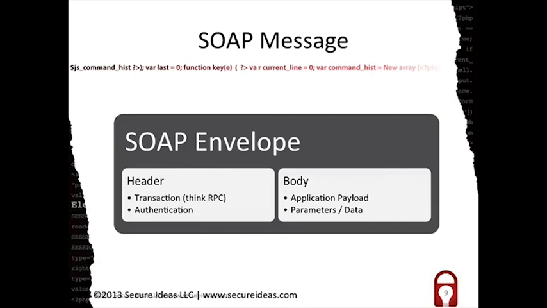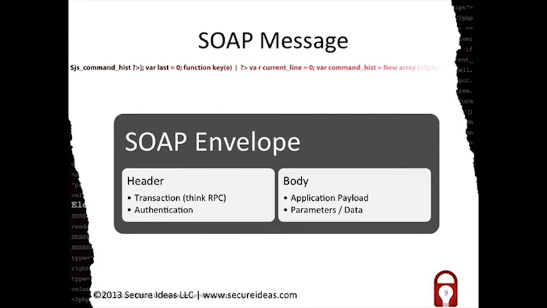it's an envelope. So there's an envelope that contains a header and a body. And this part of it is kind of actually pretty straightforward. There's a header which defines what sort of transaction this SOAP request contains, or function call, or whatever you want to call it.